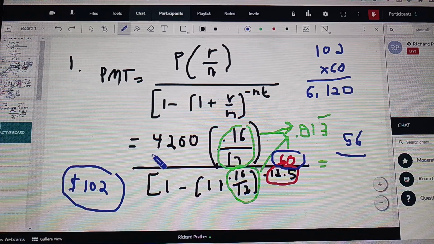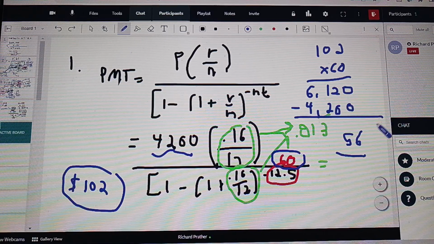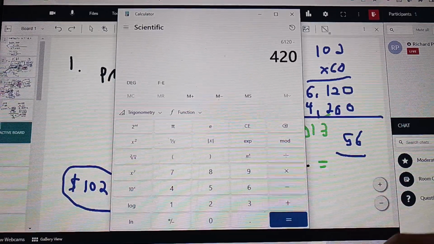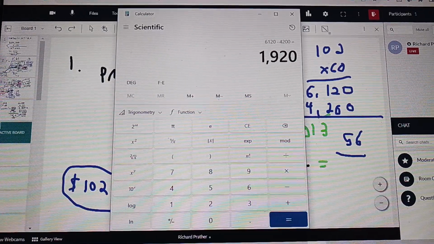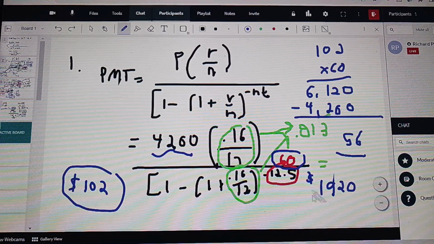But you only owed them $4,200. So they're getting almost $2,000 of profit. That's how these companies make profits. It's like 1,900 and something, 1,920. You're paying them $1,920 in interest.